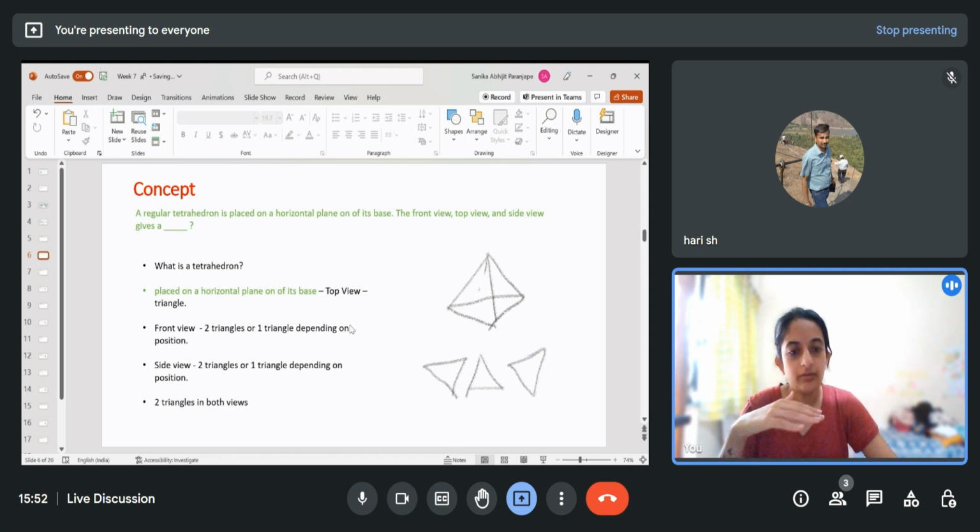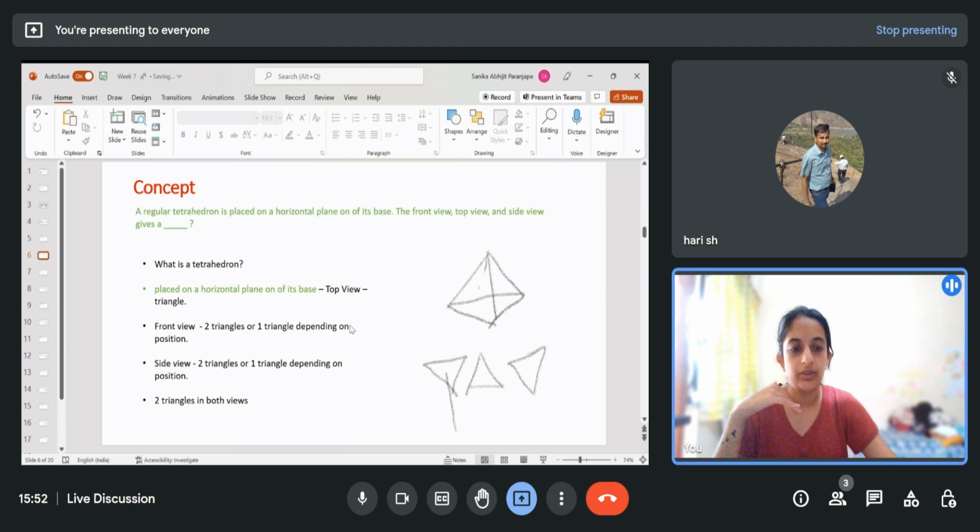So in front view, in this case, if this line is parallel to VP, I will see a triangle like this, two triangles. In top view, I will see a triangle. In front view, I will see two triangles. In this case also, I will have a similar thing, but this line will be a dashed line.